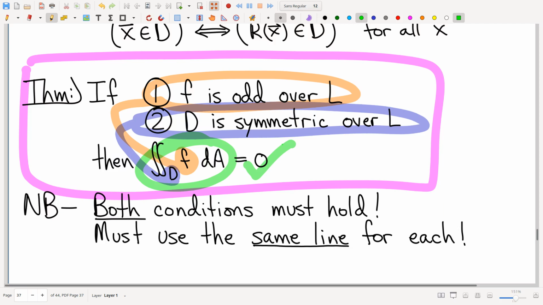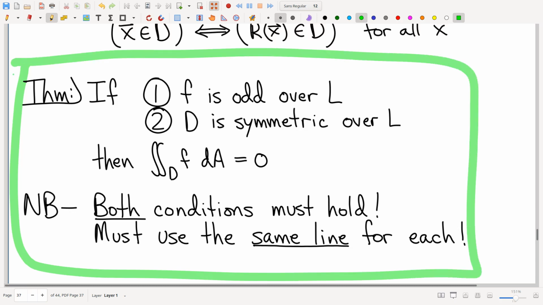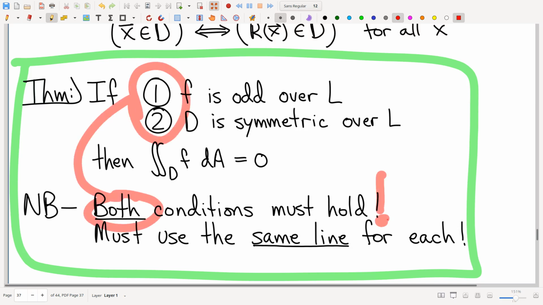Super powerful. Okay. Now you'll see the warnings that I have down here below, and I like to present this all at once as one big thing because it's really easy to accidentally screw this up, and that's very dangerous for reasons that I'll explain soon. But you do need both of the conditions. That's very important.